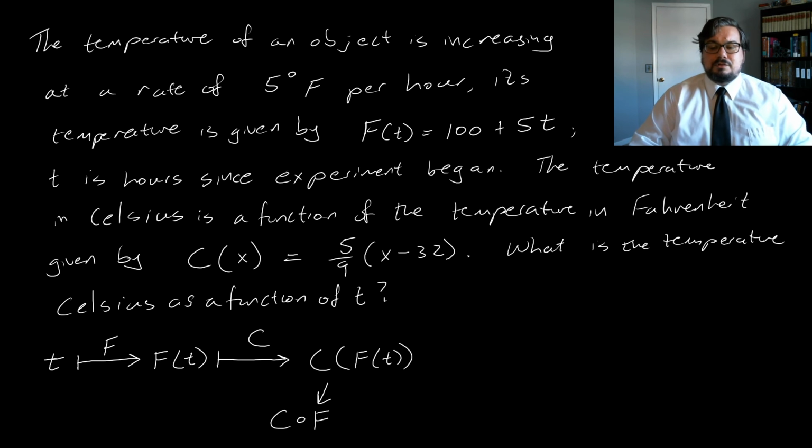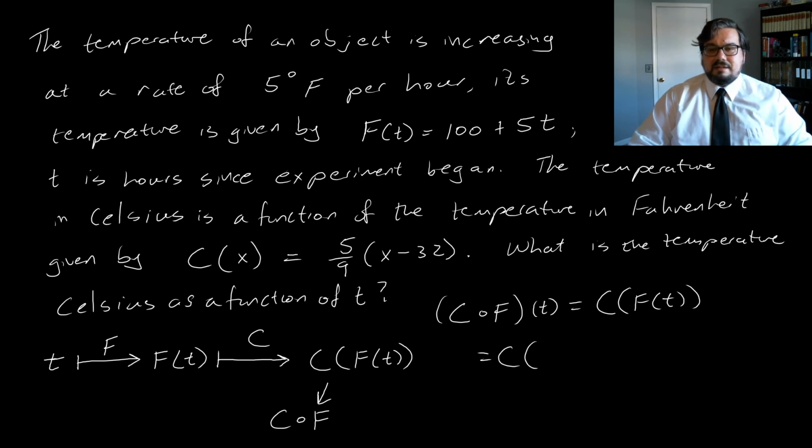So, to answer our question, we can look at the composition C composed with f of t, and by definition, this is C of f of t. We know that f of t is 100 plus 5t, and now we can plug that into the function C. So that's going to give us 5/9 times 100 plus 5t minus 32.